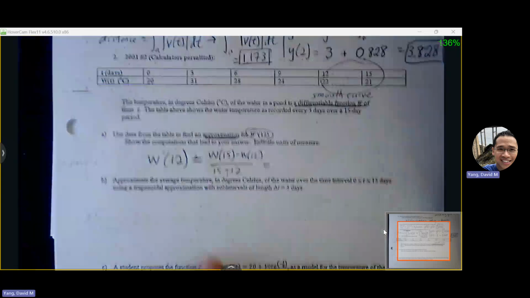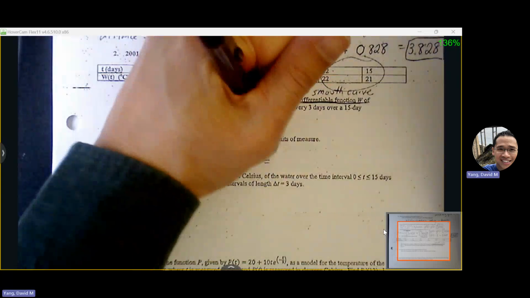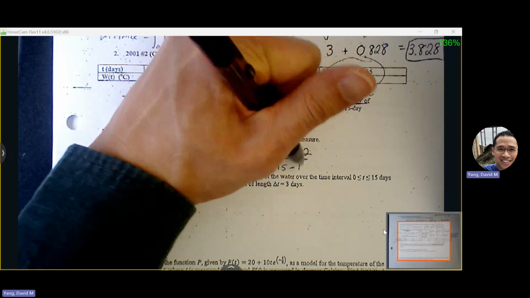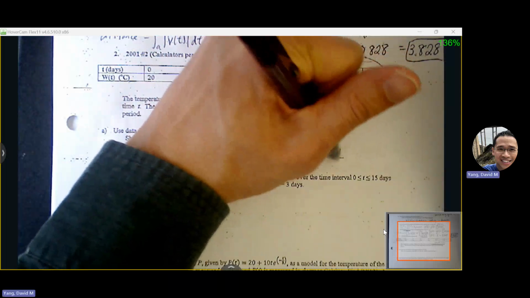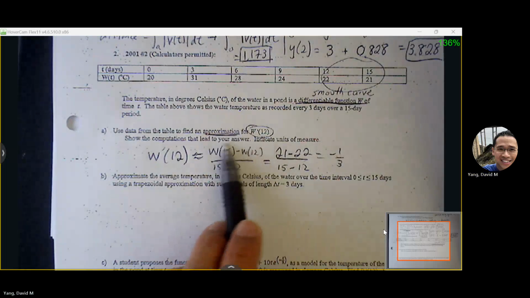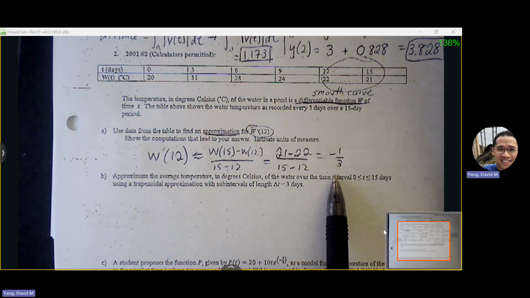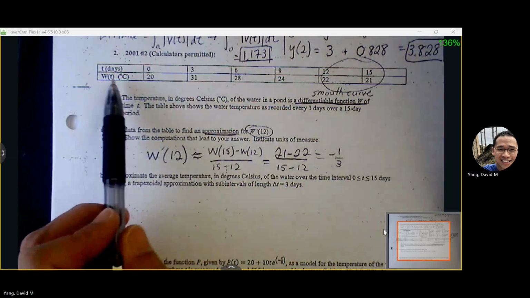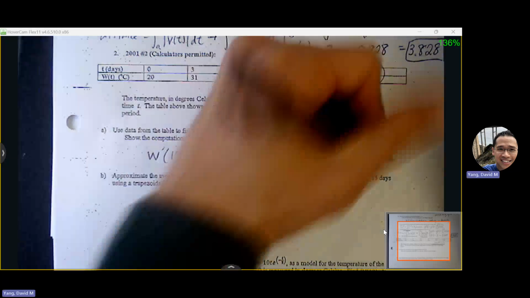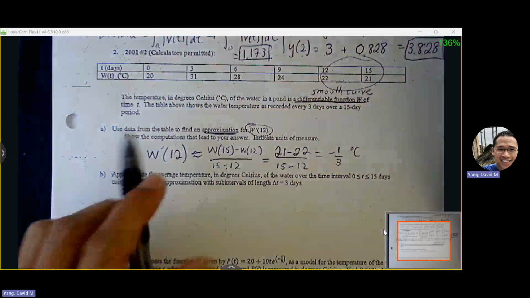So slope is just change in temperature over the change in time. So 21 minus 22 over 15 minus 12. So -1 over 3. What's our unit of measure going to be if we're talking about rate of change? This is -1/3 what? Degrees Celsius.